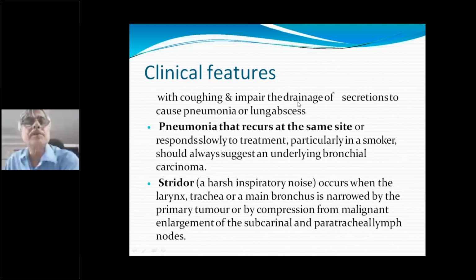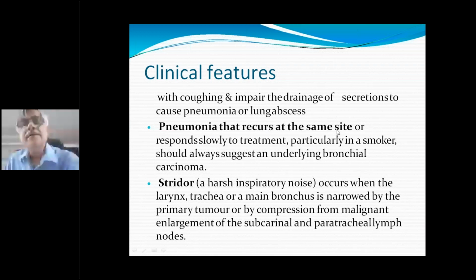Of course, with cough, impaired drainage can cause lung abscess. Pneumonia is a very important clinical feature. Suppose the patient is getting pneumonia frequently, every 3 or 4 months. You must always think of bronchogenic carcinoma. Of course, the patient must be elderly, around 45, 50 or more.